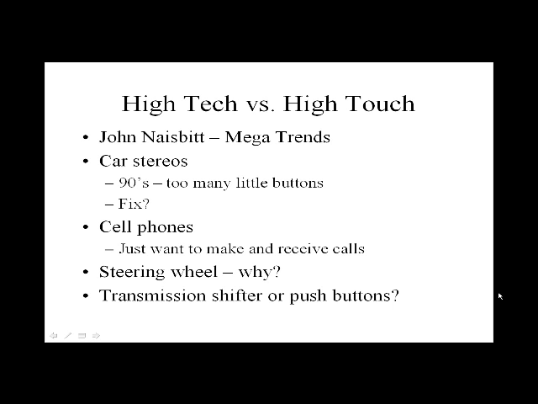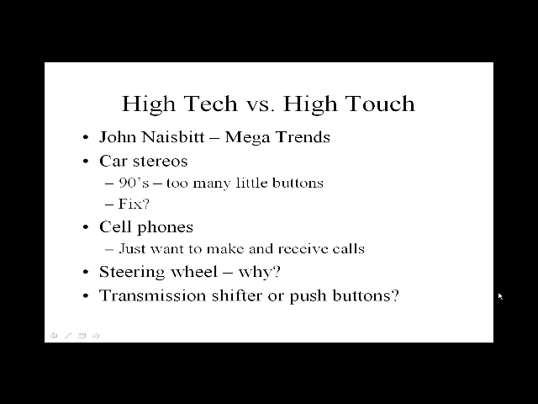Another one of John Nesbitt's books was Megatrends. And one of his premises is that for every high-tech innovation, you have a backlash, a high-touch backlash. Car stereos are an example. If you think back to the 1990s, a lot of these car stereos had lots and lots of little buttons on them that did things. Tough to work and very tough to read when you're doing 60 or 70 miles an hour on an interstate.